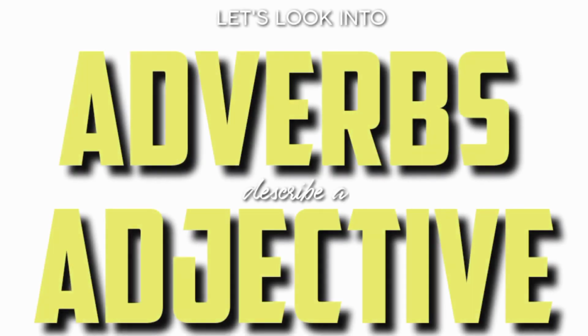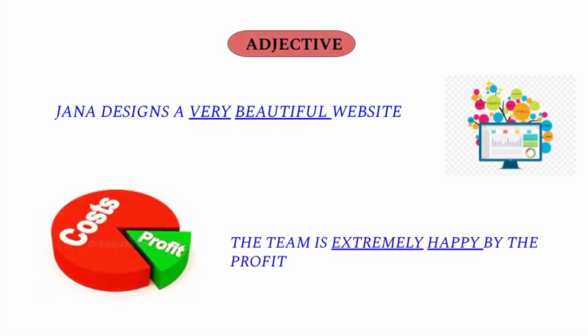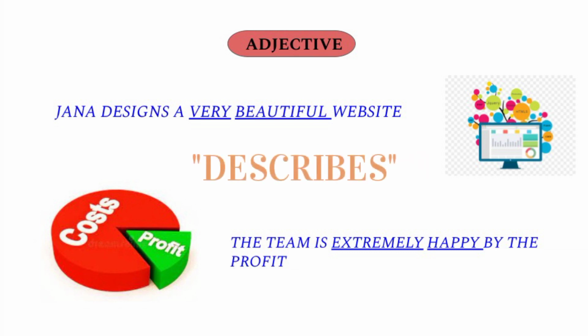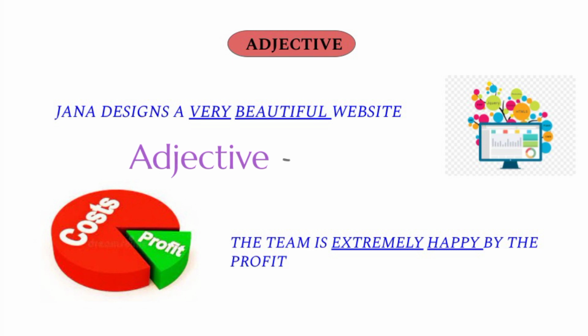So let's look into adverbs that describe an adjective. What is the adjective here? Beautiful. Which word describes the intensity of Jana's designs? Yes, this is very. So very is an adverb that describes the adjective beautiful.